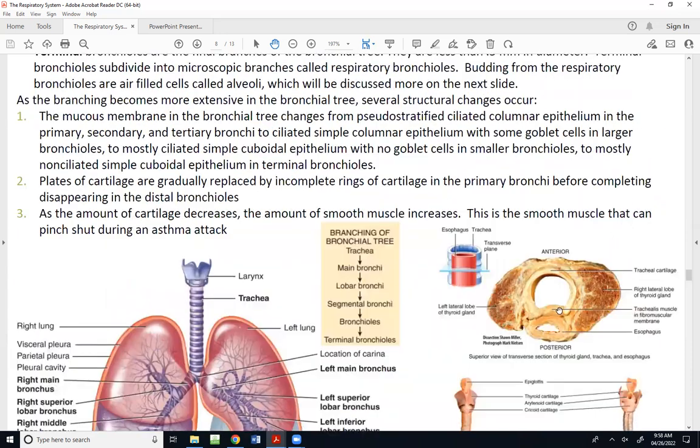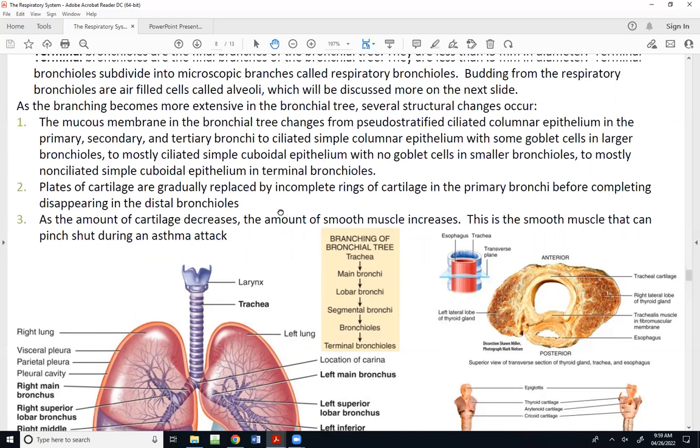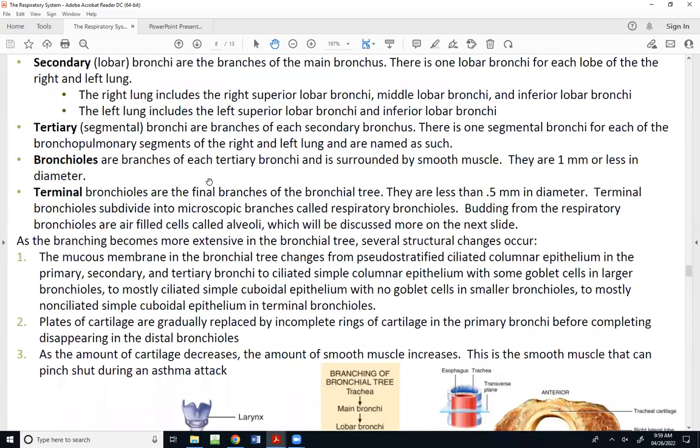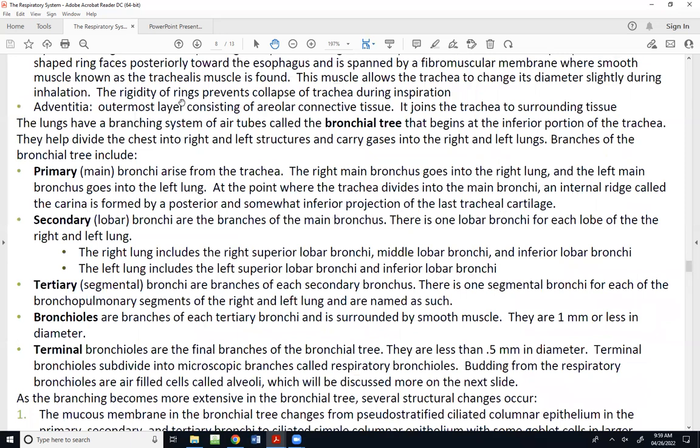Basically, that muscle will relax, which allows this ring to expand a little bit more, and then the trachea opens up more significantly. Whereas when this muscle contracts, it pinches the trachea more closed. But keep in mind, the rigidity of the rings prevents the collapse of the trachea when we inspire.